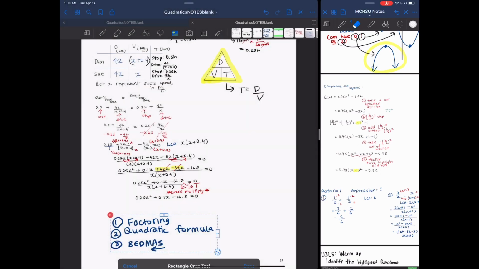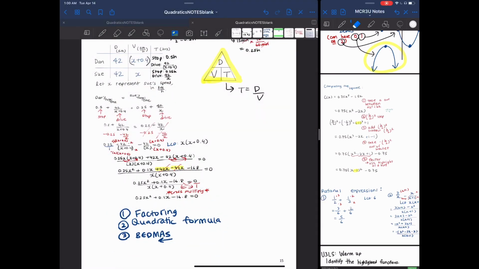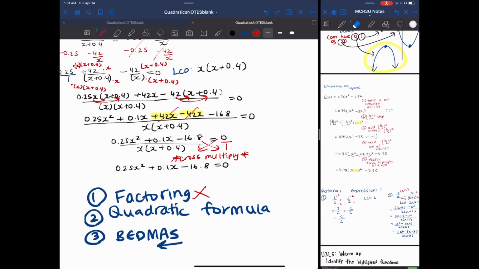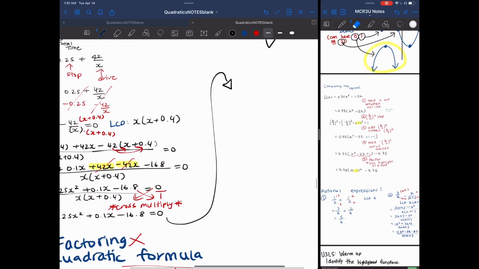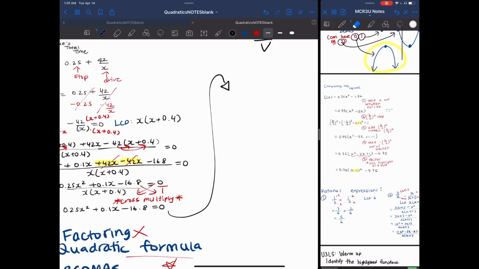Which one are we going to use? Well, we can't factor because we have all these decimals. And we don't really want to get it to vertex form if we don't have to, because that's a lot more work when it's not already in vertex form. So I'm going to try the quadratic formula.